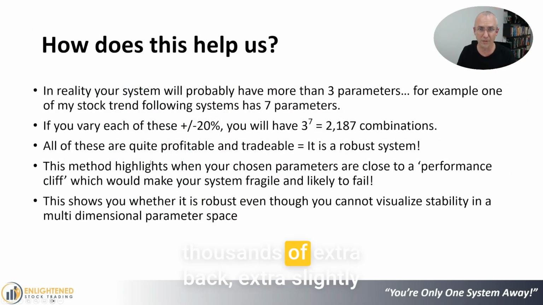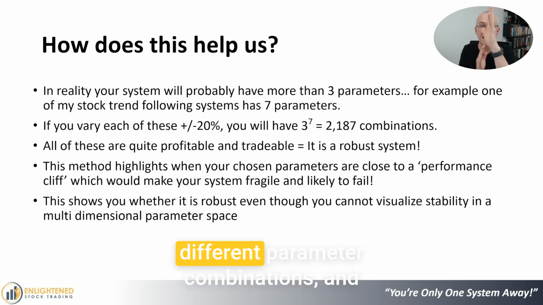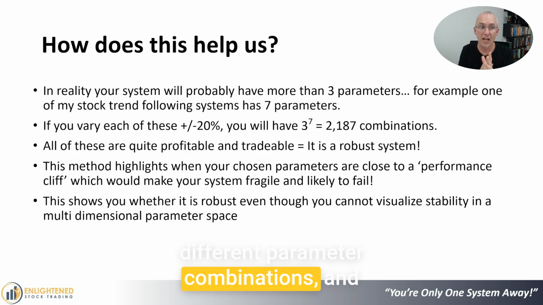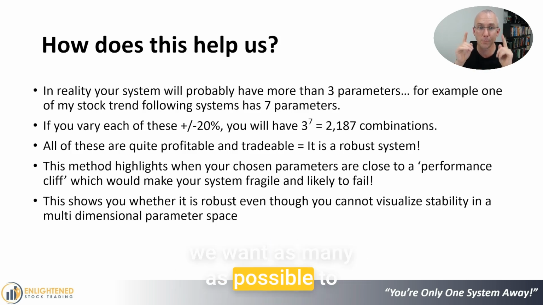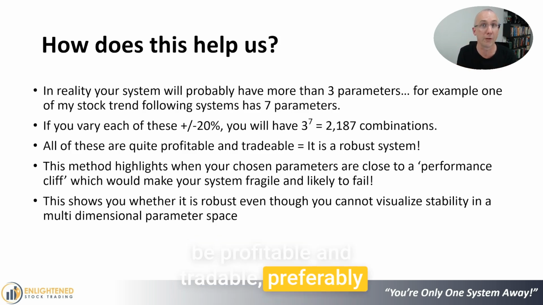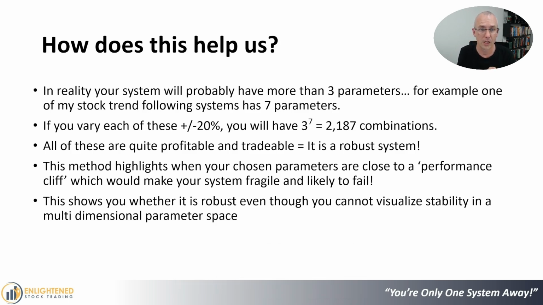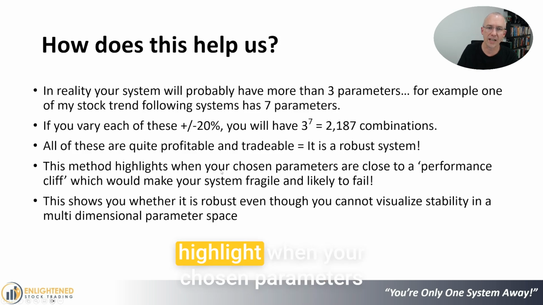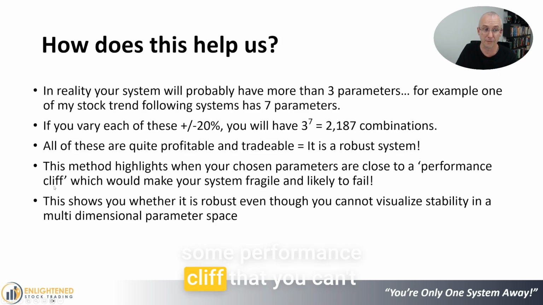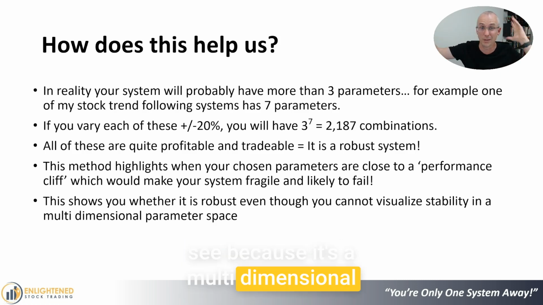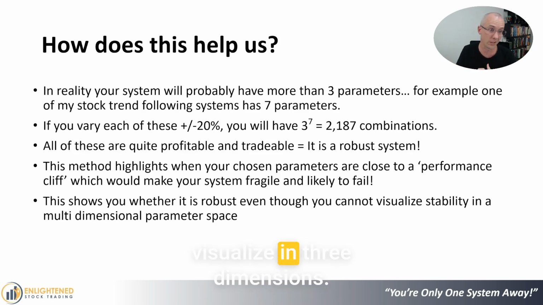So we get thousands of extra slightly different parameter combinations, and we want as many as possible to be profitable and tradable, preferably all of them. So what this is going to do is highlight when your chosen parameters are close to some performance cliff that you can't see because it's a multi-dimensional space and we can only really visualize in 3 dimensions. And that performance cliff would make your system fragile and likely to fail.